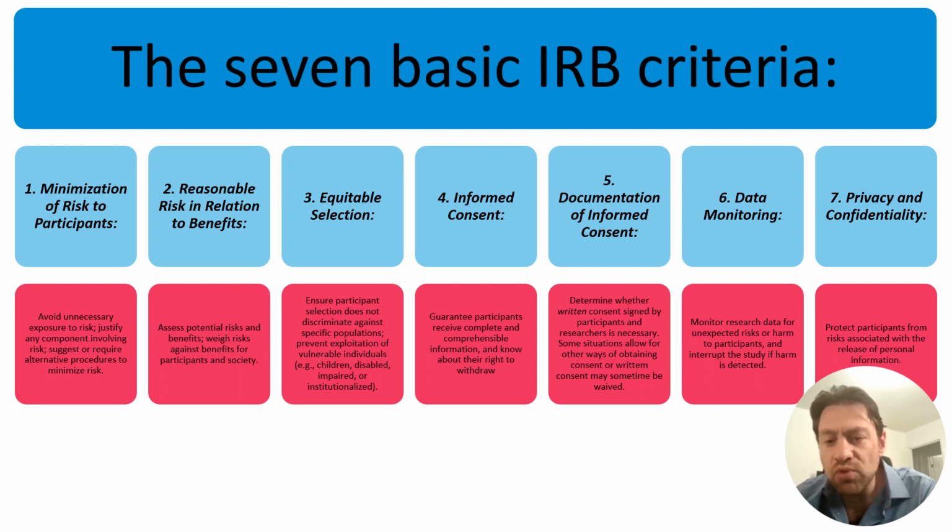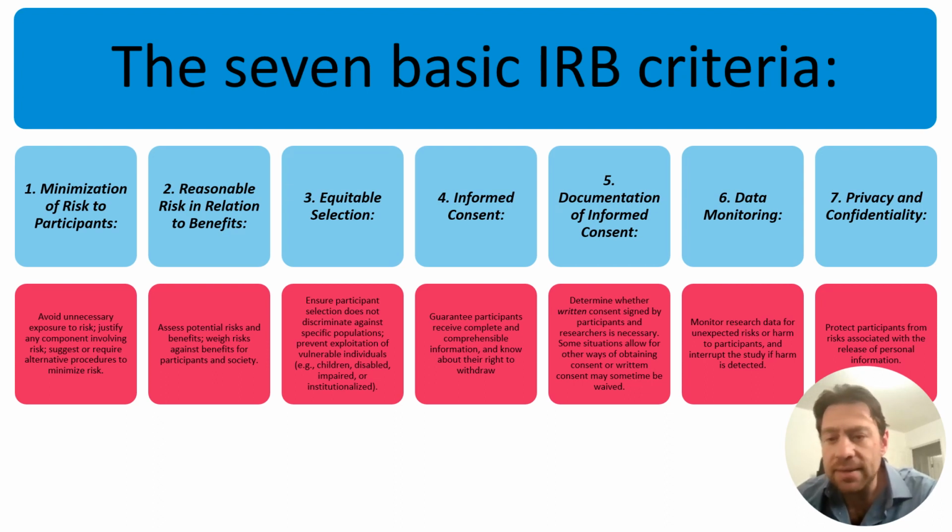Determine whether written consent signed by participants and researchers is necessary. So sometimes it's necessary, sometimes it's not. 6, data monitoring. So monitor research data for unexpected risks or harm to participants, and you have to be ready to interrupt the study if any potential harm is detected.